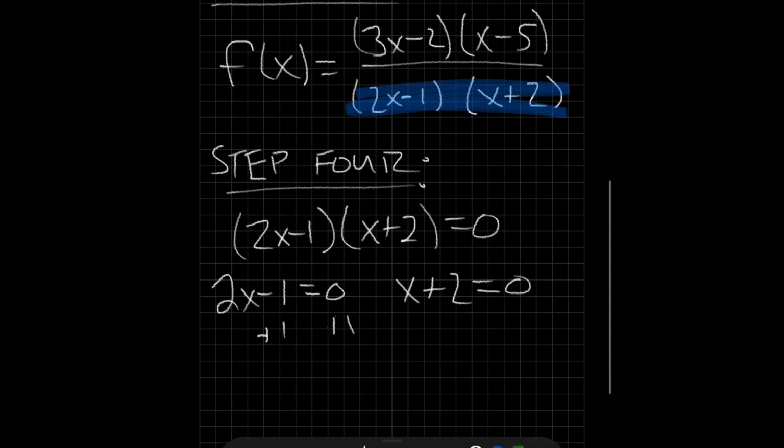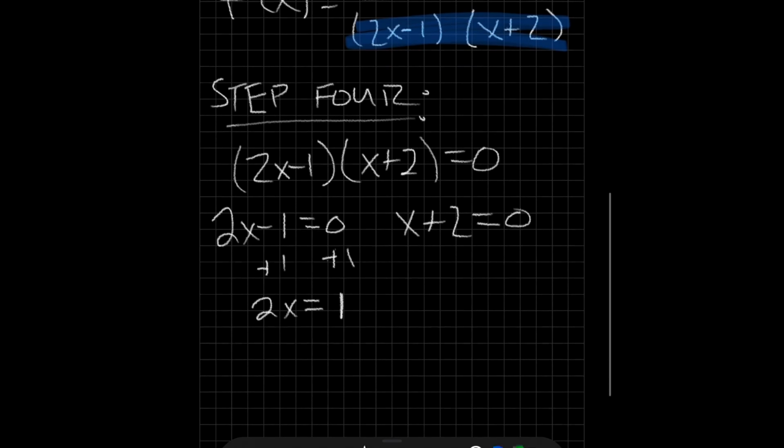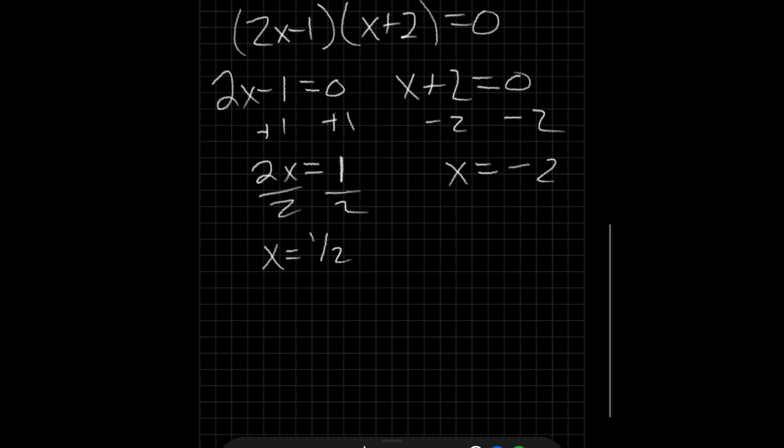Add 1 to each side, and I get 2x is equal to 1. And I divide each side by 2. So I get x is equal to 1/2. Here I subtract 2 from each side, and I get x is equal to negative 2.